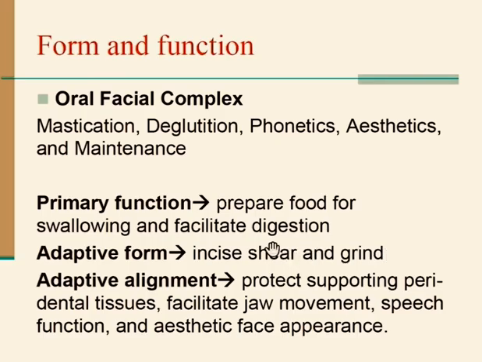supporting periodontal tissues. Periodontal means around the dental tissue, which will help support it against trauma during mastication, against high forces of mastication. It will facilitate the movement of the jaws, and it will help in the speech and aesthetic appearance of the face.